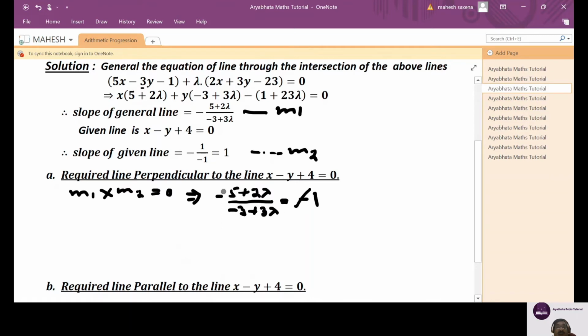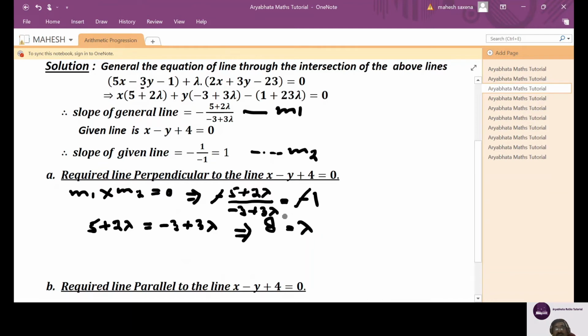This implies −(5 + 2λ)/(−3 + 3λ) = −1. The minus will cancel out. Now by cross multiplying, we get 5 + 2λ = −3 + 3λ. That is, bringing λ to one side, 5 + 3 = 8 = λ.